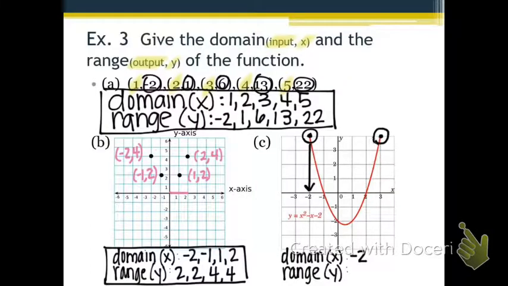I also see this point right here, which means the highest domain or the highest X value I have is a what? 3. Again, how do I know? Because I look down, it's lined up with 3 on the X axis. So I'm going to put my 3 over here. So I have a -2 and I have a 3. And what variable goes with domain? X. So right here in the center, I'm going to put an X. Because my lowest X value is -2, my highest X value is 3.